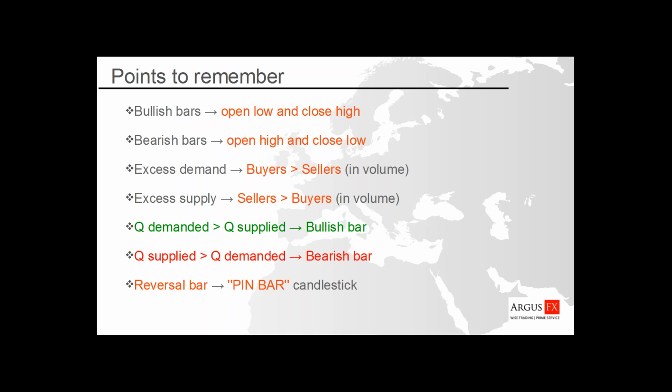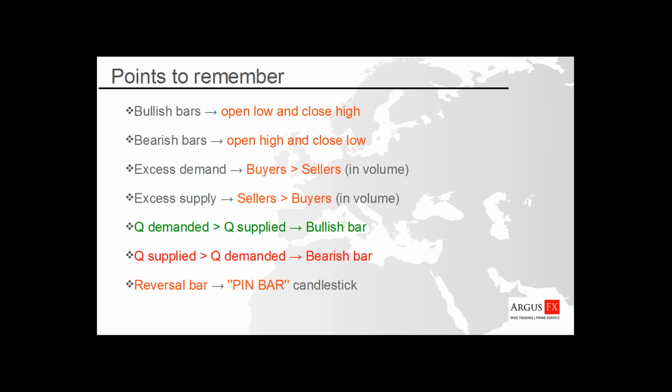And let's see again the bullish bar. A bullish bar is created when the quantity demanded for a currency pair or any financial instrument is greater than the quantity supplied. In other words, the buyers are greater or more than the sellers.